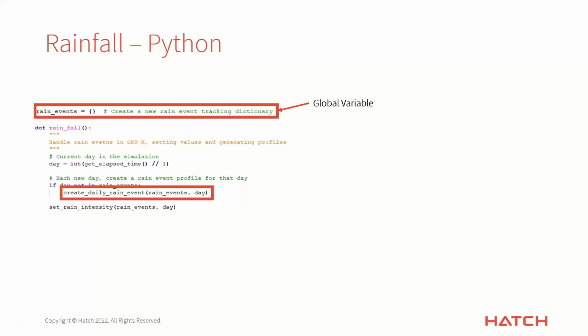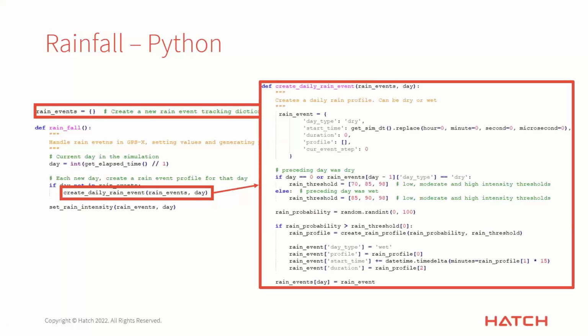Passing it in our rain events dictionary and the current day, we'll go into this function, where just like we saw with the trucks, we're going to use a dictionary to store the characteristics of the rain events. Then we have some logic that is assessed if the previous day was a dry day, and a piece of logic that's assessed if the previous day was a wet day. All we're doing in this logic is defining what our thresholds are going to be for rain.